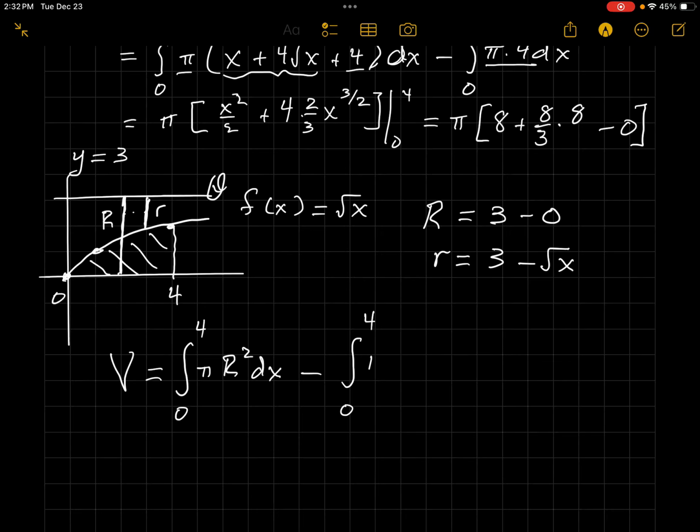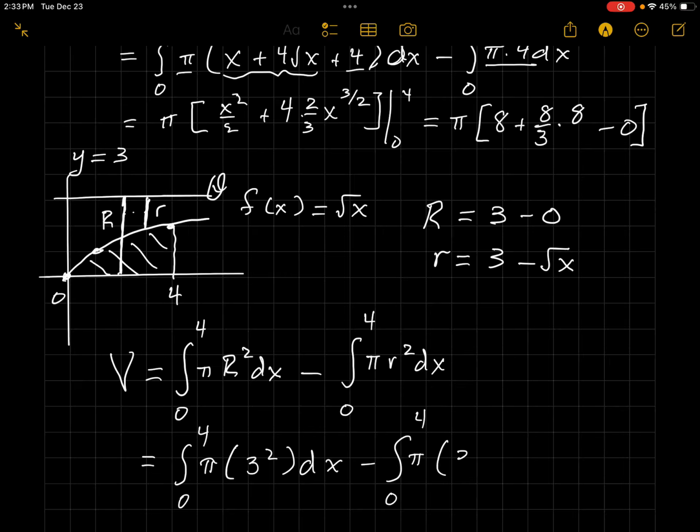Sum together all the smaller circular disks, which form a solid shape, and then subtract the 2. And now we can plug in our radii. Don't forget to square them as such.